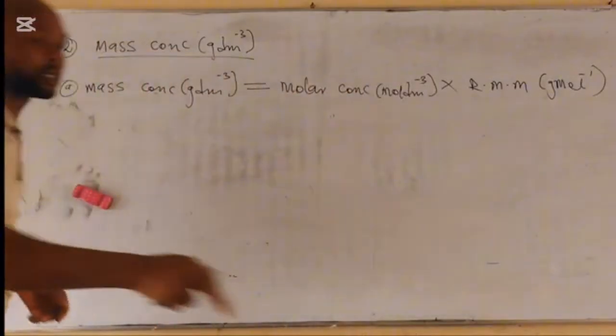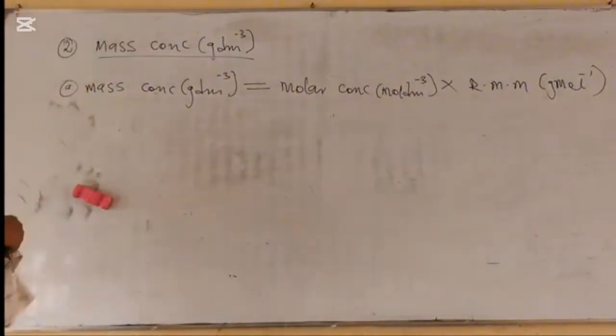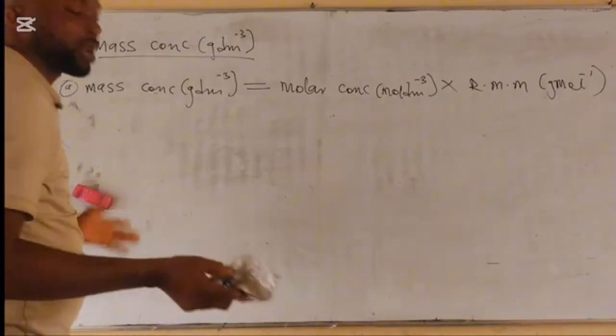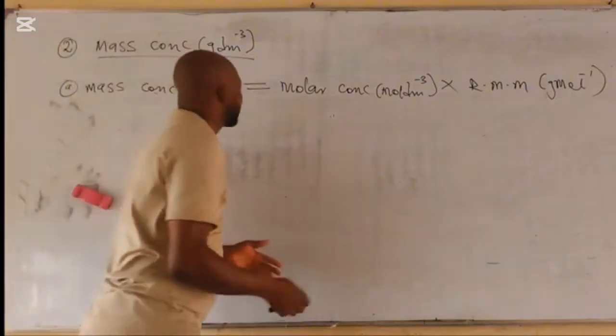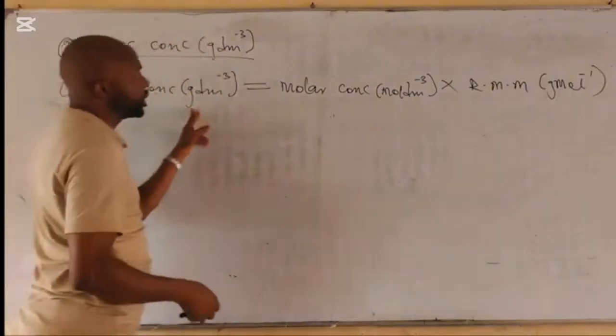So this is our first formula for mass concentration. If you multiply these two, the formula for mass concentration is in g per dm cube.